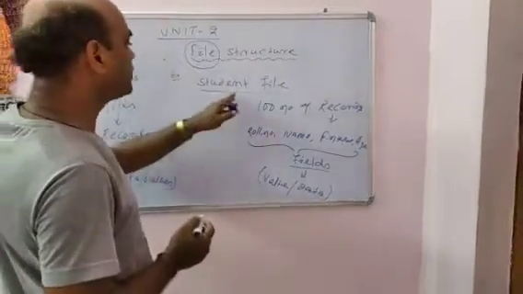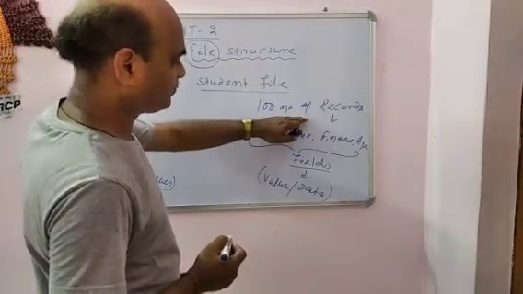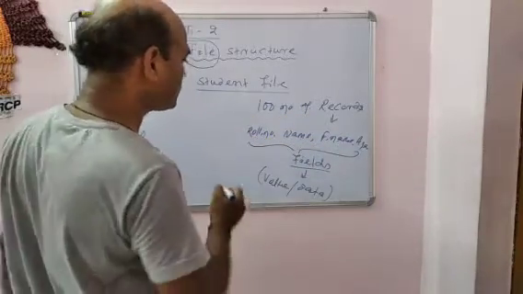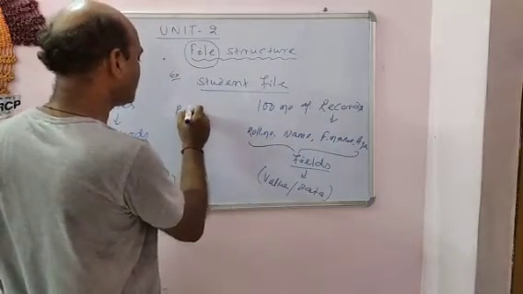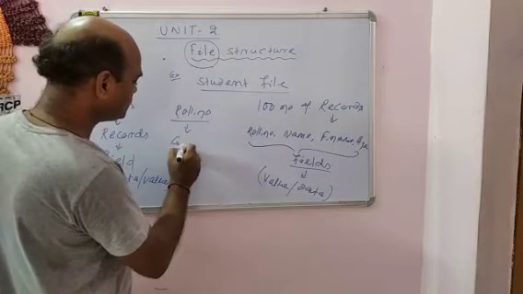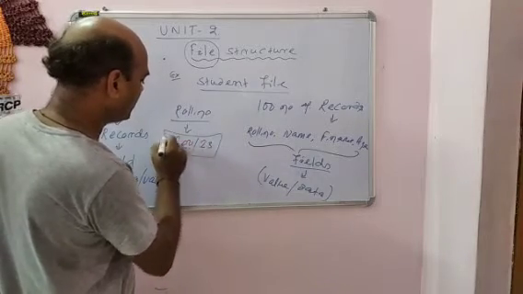For example, a student database file has several records. In the record there is a roll number. Suppose roll number is a field. It contains, suppose, G00123. It may be a value.